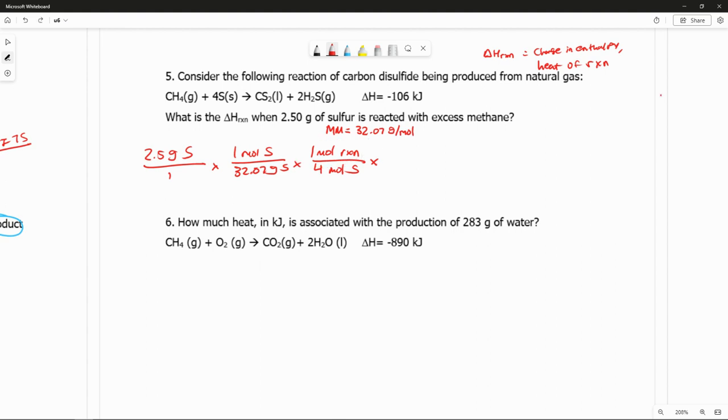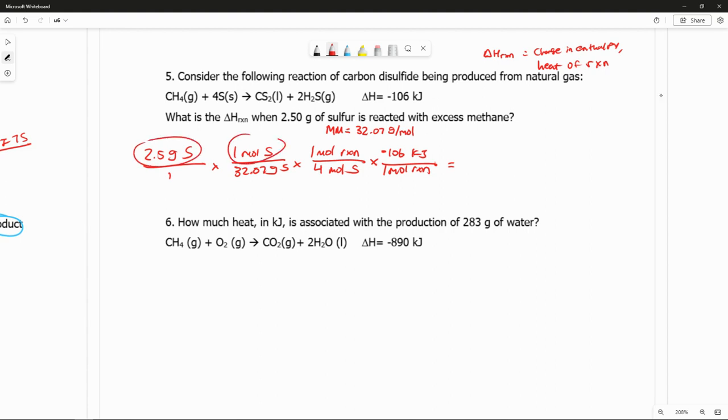And for every 1 mole of reaction, we get the delta H of negative 106 kilojoules. Basically meaning that for every 1 mole of reaction that takes place, we produce that much change in enthalpy, which is the measure of how much heat enters or exits the system. So very fancy words for not so fancy definitions.